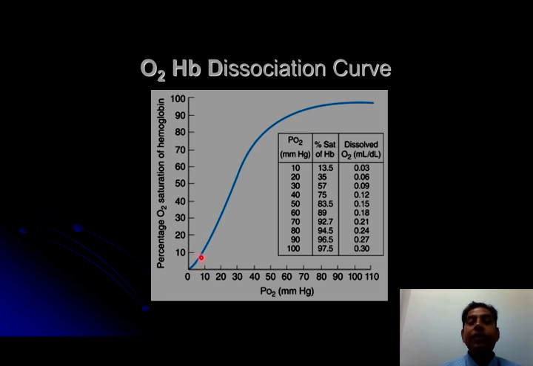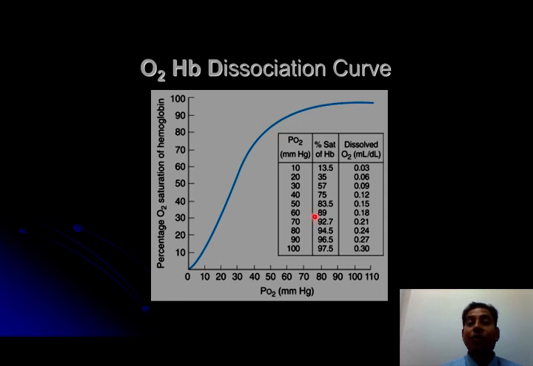After this the relation becomes exponential. That means for each unit rise in partial pressure of oxygen, the rise in the oxygen saturation is much higher. So by the time you have reached 60, you find that the hemoglobin saturation is close to 90.